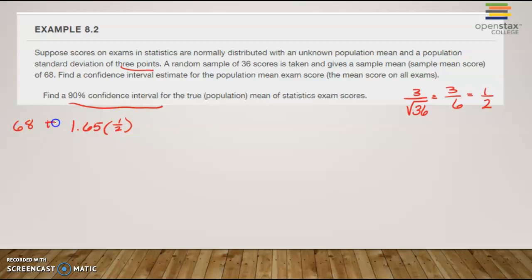We're going to add it to 68, and we're going to subtract it to find the left side of that interval. So 1.65 times 0.5. Get 0.825. So on this side, the right-hand side, it'll be 68 plus 0.825. And on the left-hand side, it'll be 68 minus 0.825.